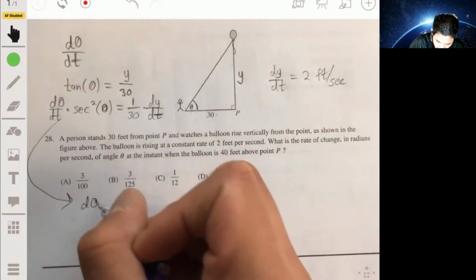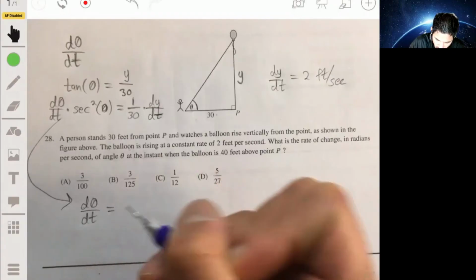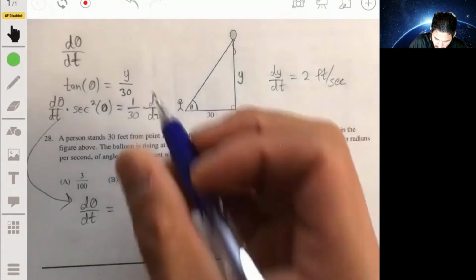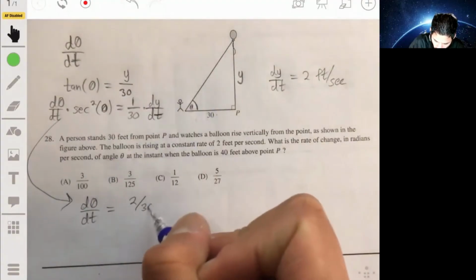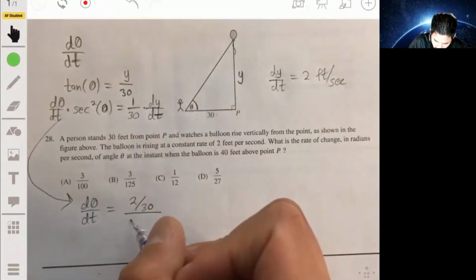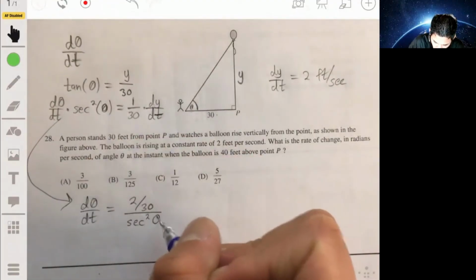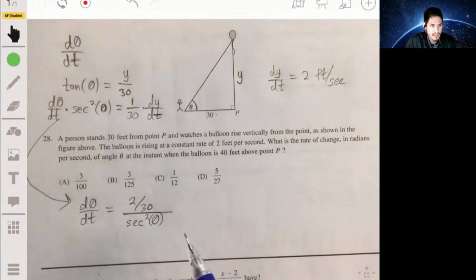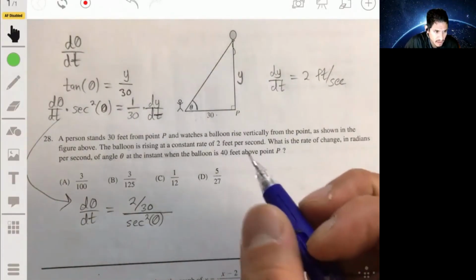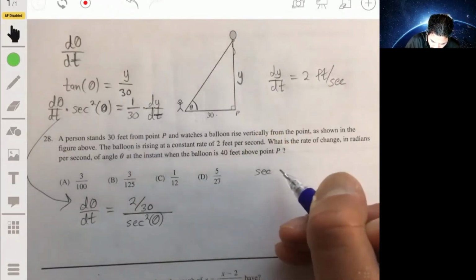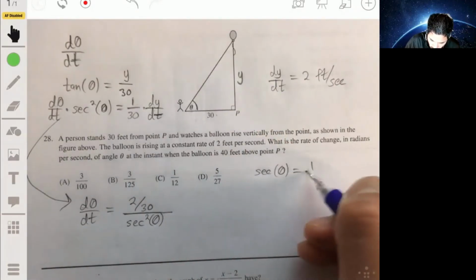So let's rewrite this as d theta over dt equals, with dy dt being 2, 2/30 over, we're going to divide both sides by the secant squared of theta. And we want to evaluate this. Now remember, the secant of theta is just 1 over the cosine of theta.